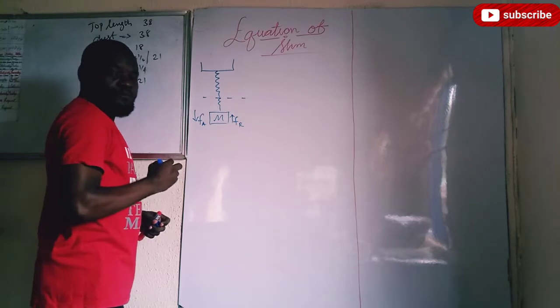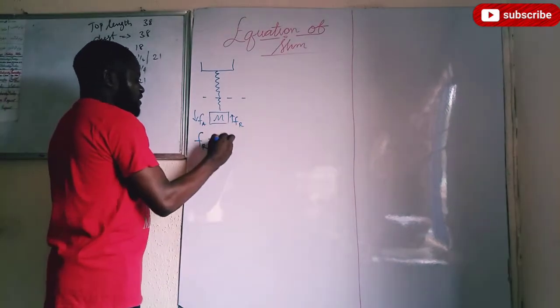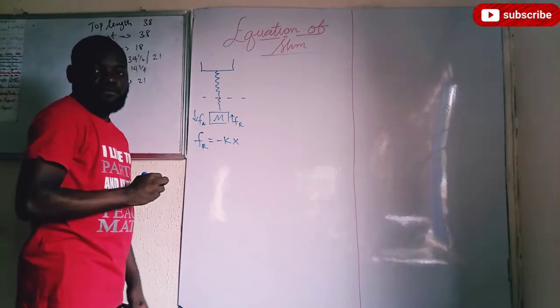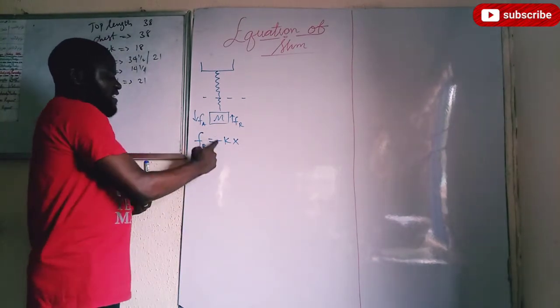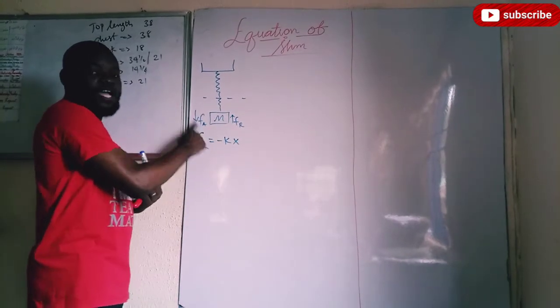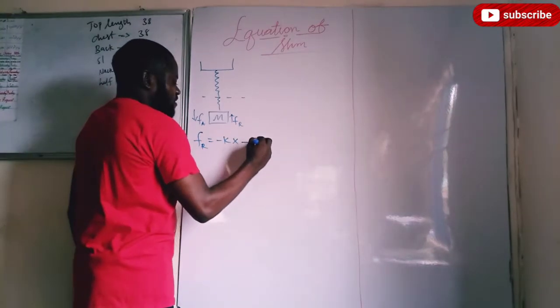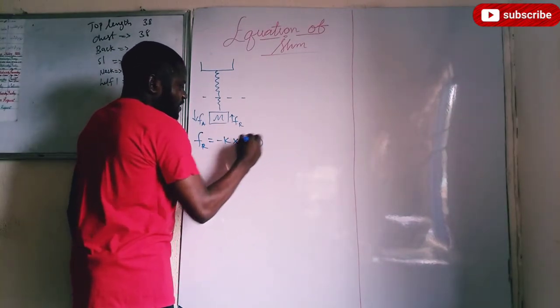So for simple harmonic motion, the restoring force is given to be negative kx. Are we together? Where this negative symbolizes that the restoring force is opposite to the applied force. So here is our first equation in this class.